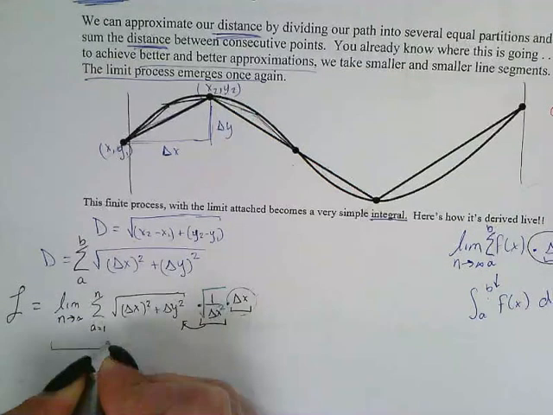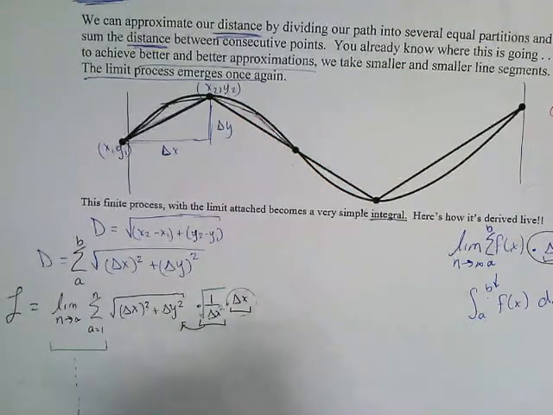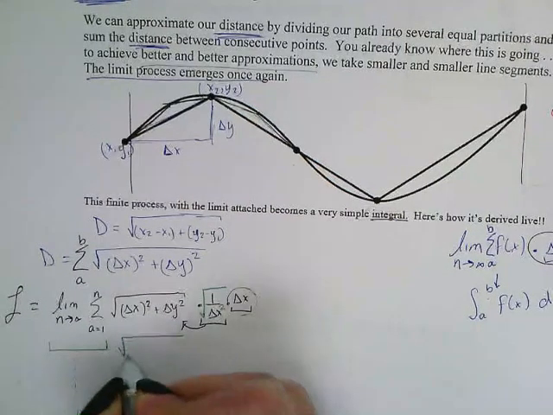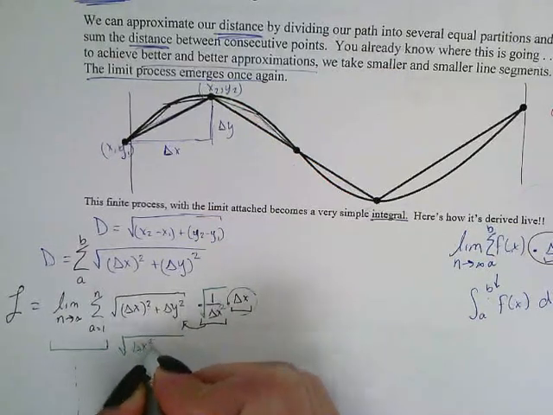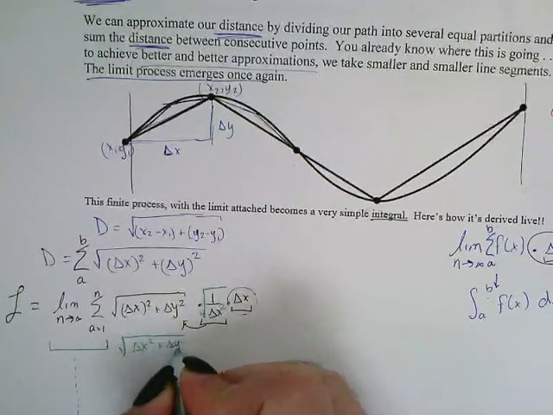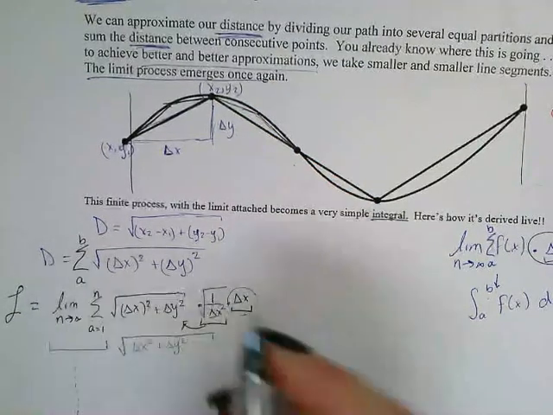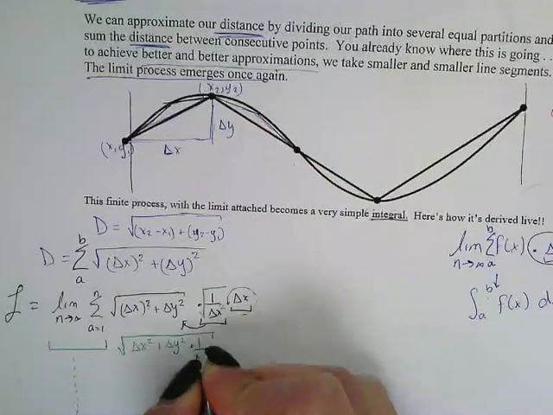And then I'm not going to keep rewriting this, just know that this is kind of following all the way down. So now what I have is the square root of the change in x squared plus the change in y squared. Now inside the radical, because it's multiplied, I can bring it in, times 1 over the change in x squared.